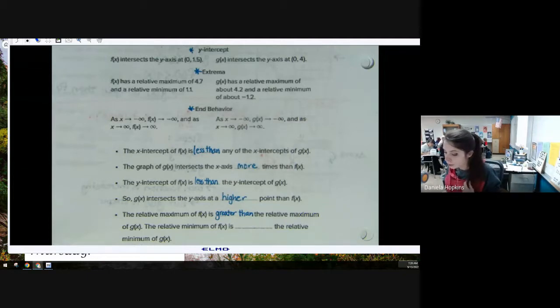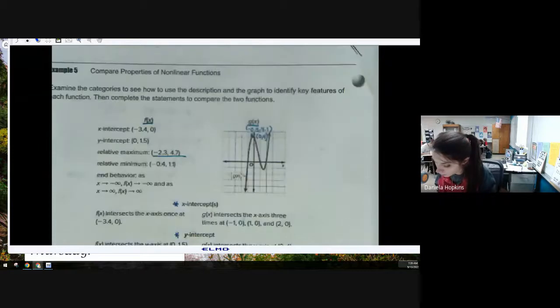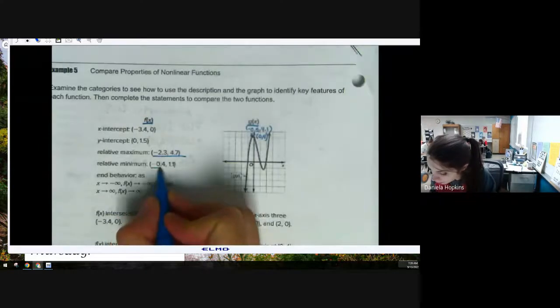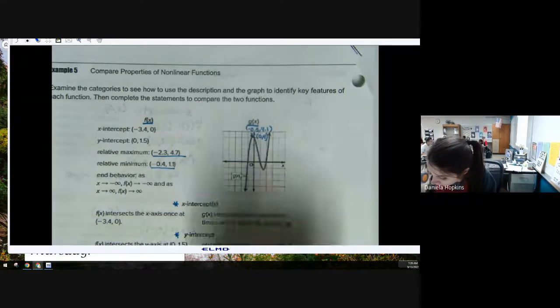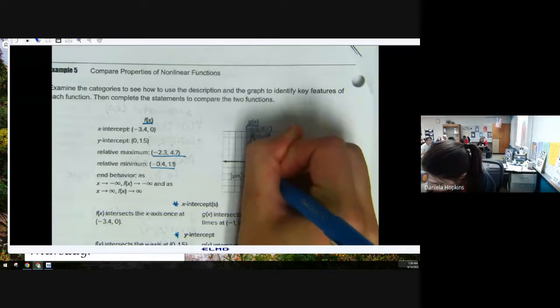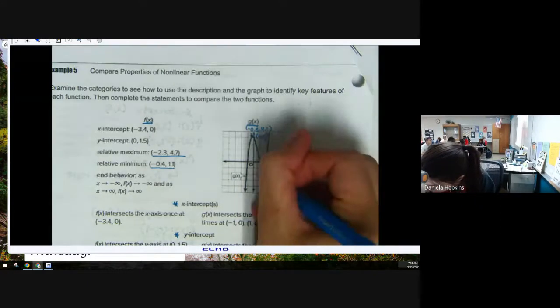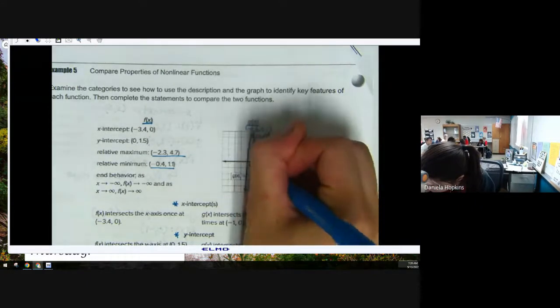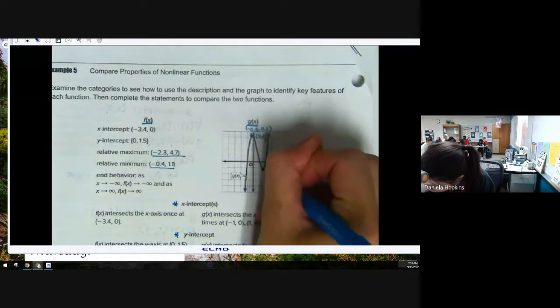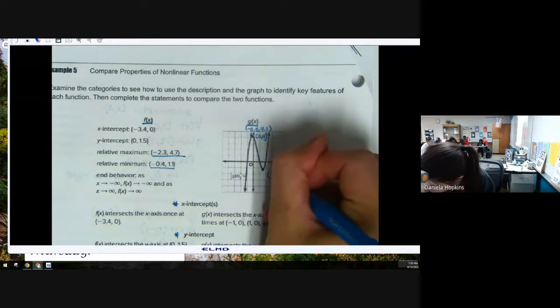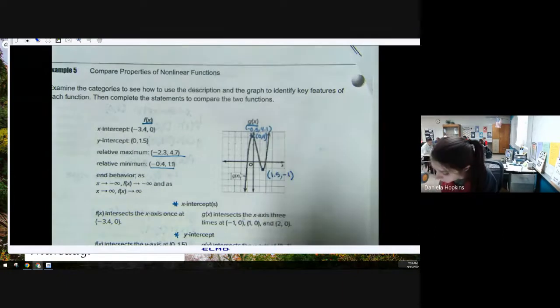Then we'll compare the relative minimum. The relative minimum of f of x is negative 0.4 and 1.1. This one is our relative minimum of g of x. This is at about, let's see, 1.5 comma, we'll say negative 1.